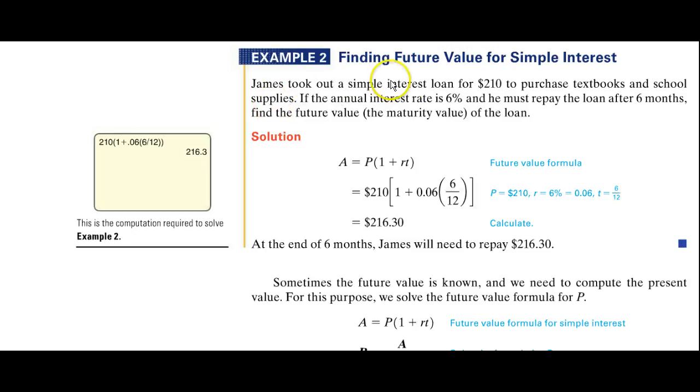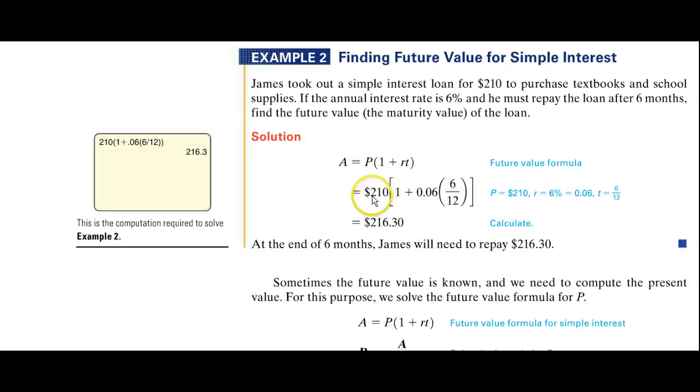James took out a simple interest loan of $210 to purchase textbooks and school supplies. If the annual interest rate is 6%, and he must repay the loan after 6 months, find the future value, that is A, often referred to as the maturity value of the loan. So there's our formula, and we just carefully substitute.